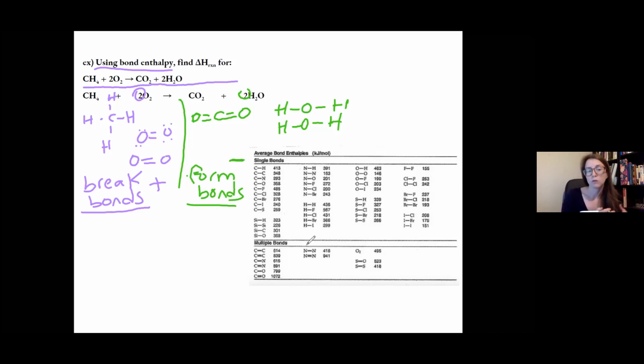So we need to now account for all of the bonds I'm breaking and all of the bonds I'm forming. And this is the type of work you need to show, frankly. I am breaking a CH bond there. I see a C bonded to an H. I'm breaking another one there, and another one there. So in total, I am breaking 4 CH bonds.